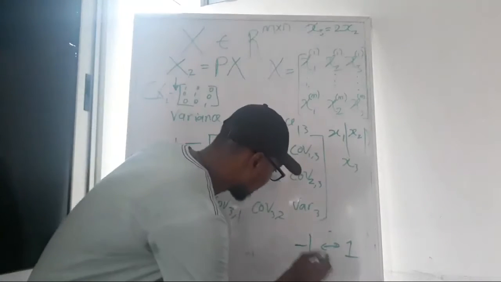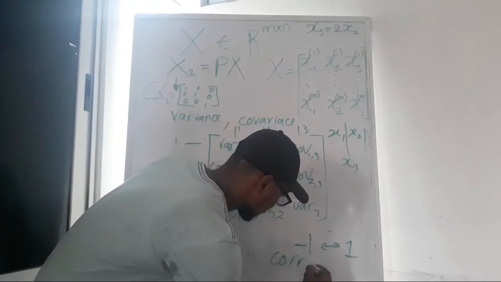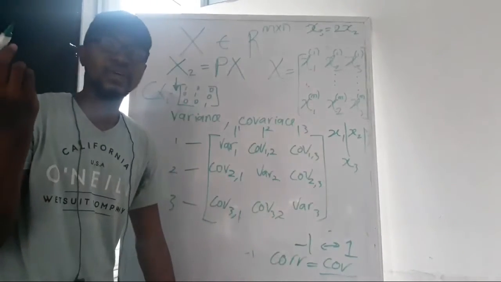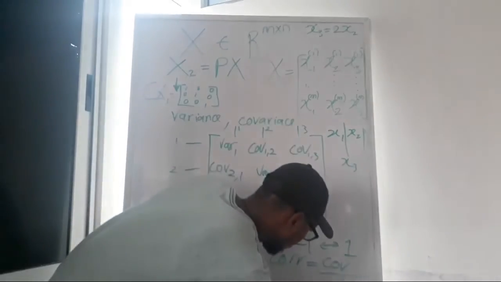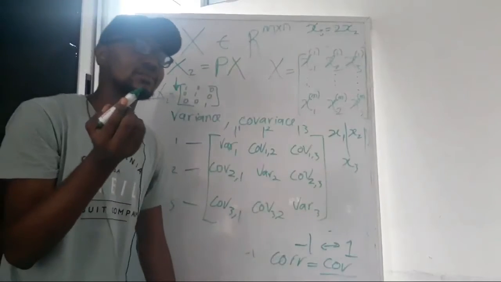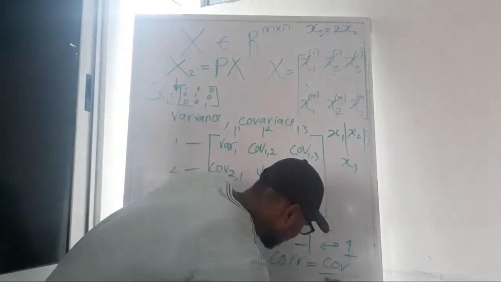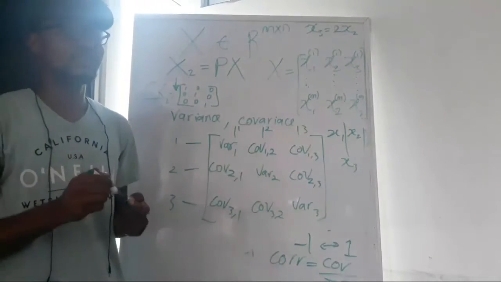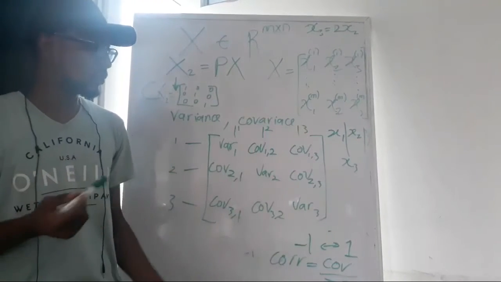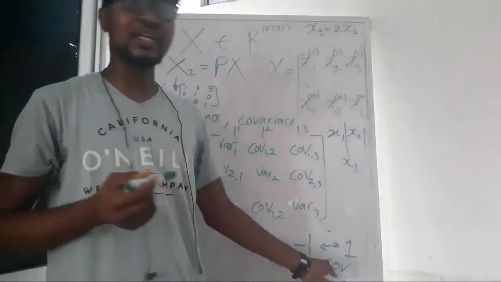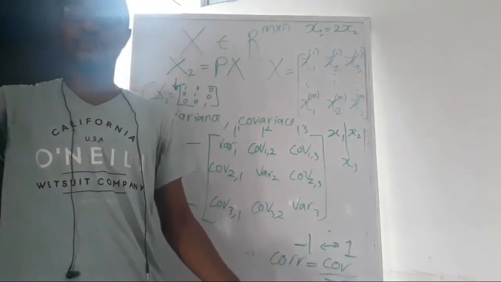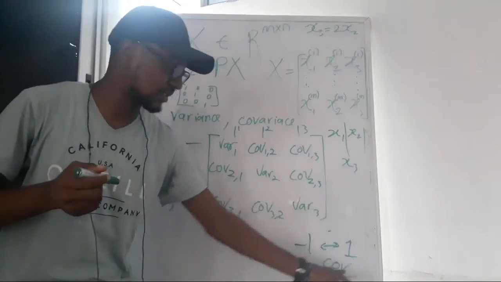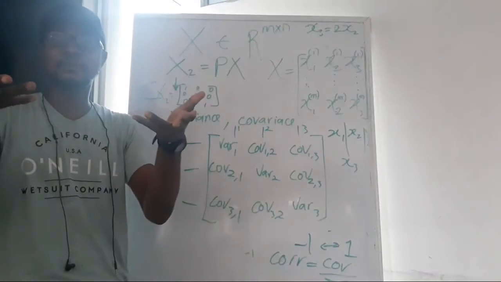Correlation is covariance over sigma 1, sigma 2. So let's say this is the covariance between feature 1 and feature 2. The correlation is just the normalized covariance.